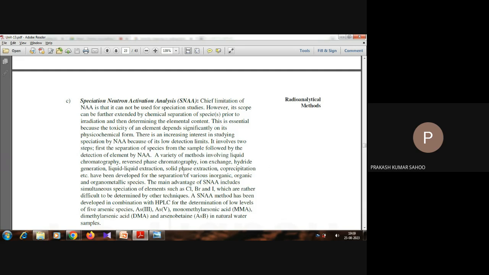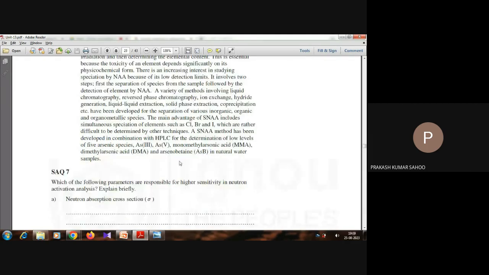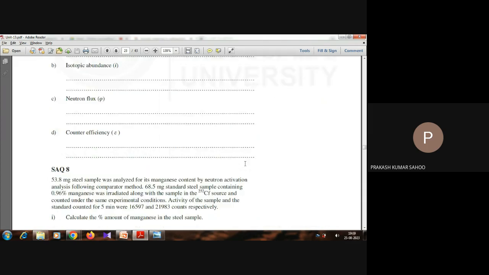So these things can be used for the separation of the different toxic elements from different analyte samples. HPLC also can be used, high performance liquid chromatography, where low levels, that is traces of arsenic 3, arsenic 5 species can be separated.